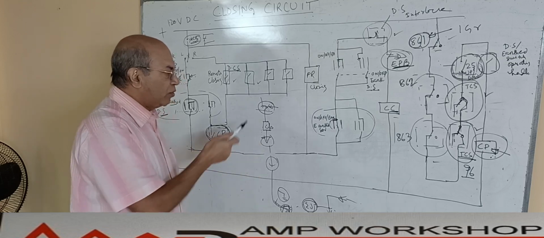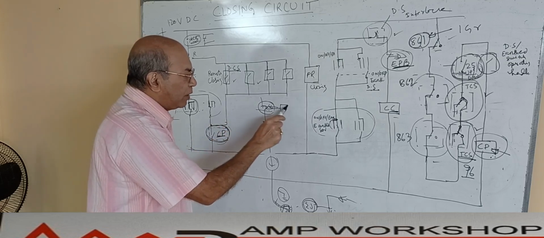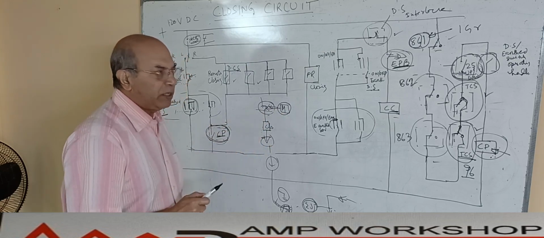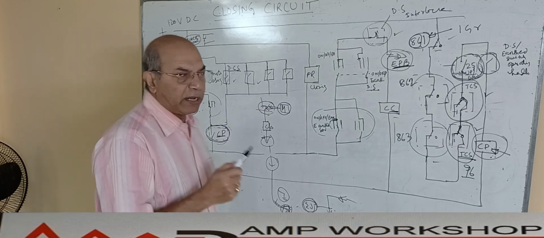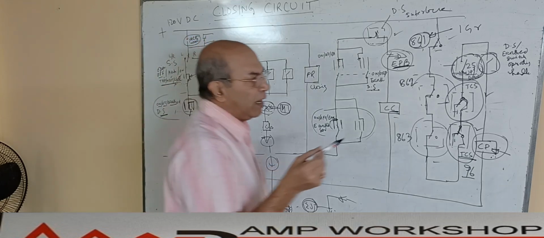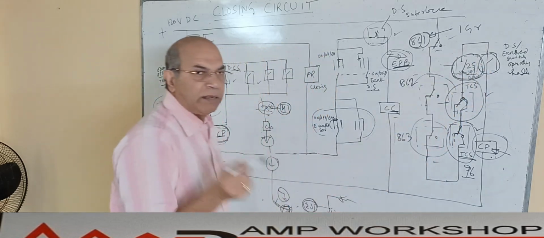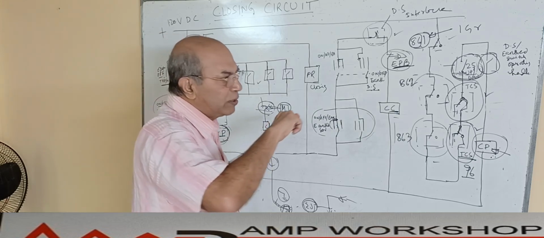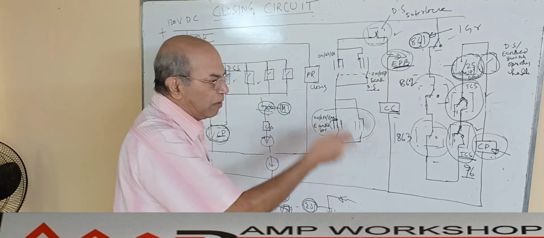So electrically and manually both, the switch can be operated. When I am closing the breaker, I have to make sure the operating handle has not been inserted inside the switchgear. If I insert it, then there is a possibility the switch can be moved to the earth position, then there will be a fault condition.